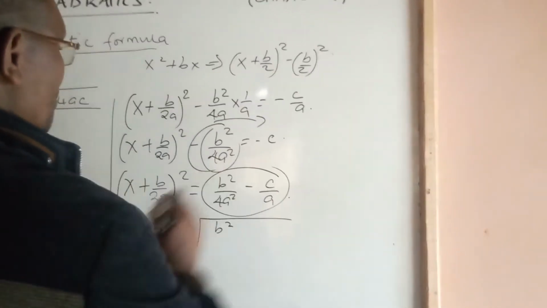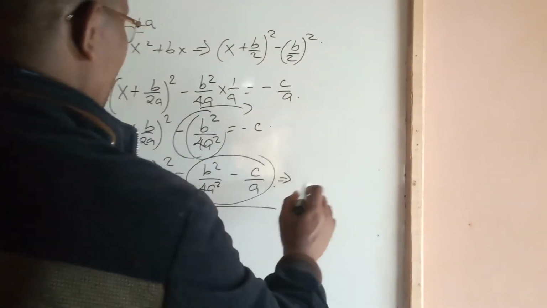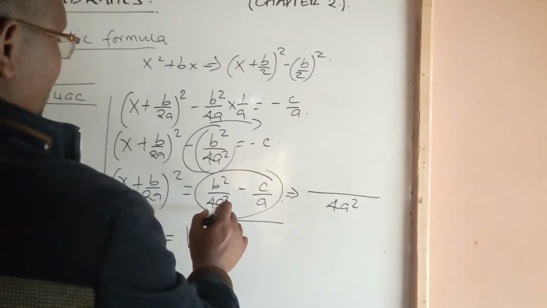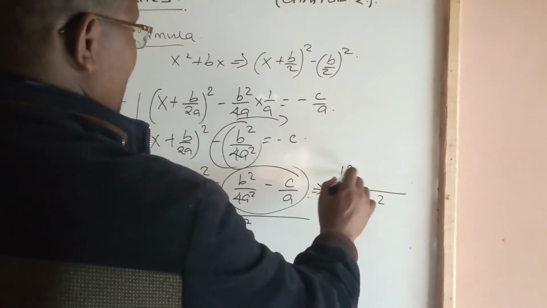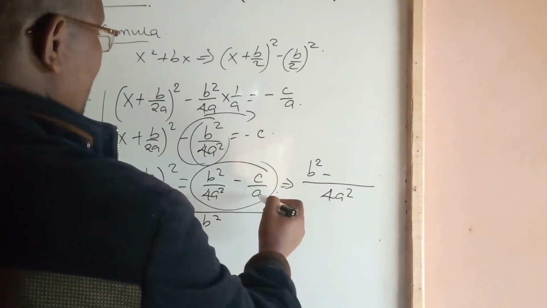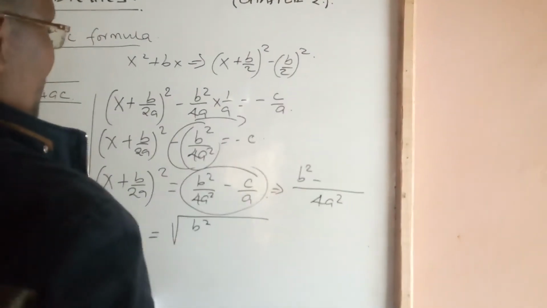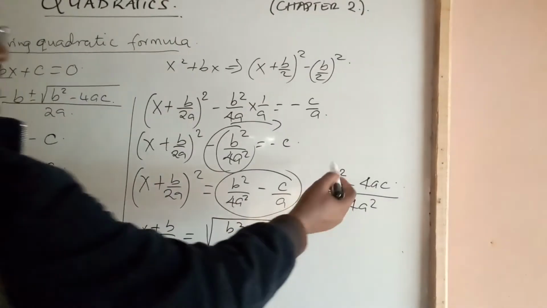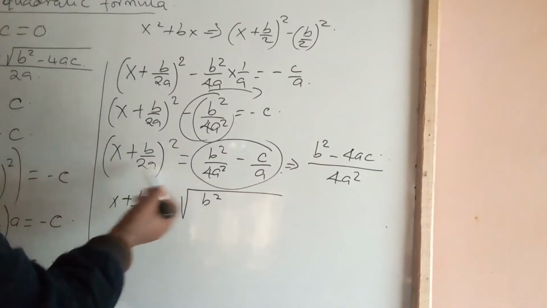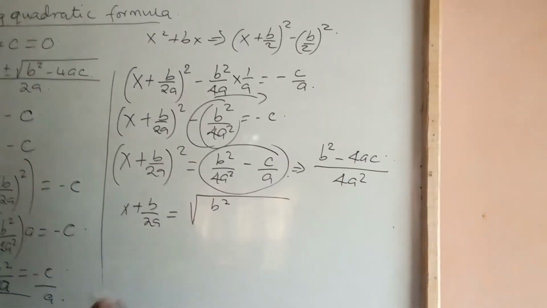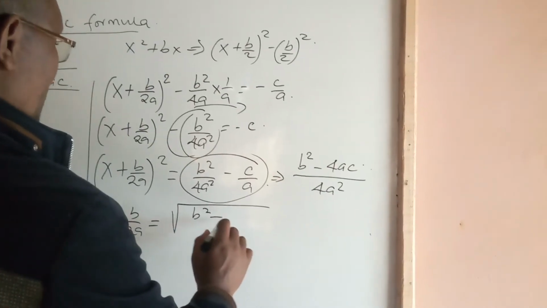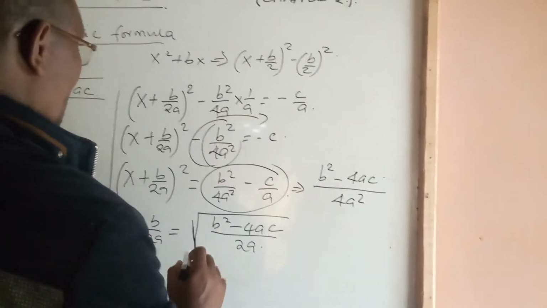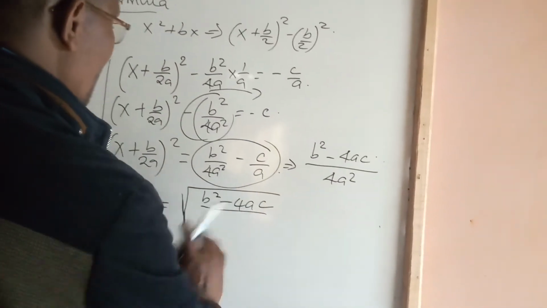Of course, you ought to have combined the two, which should have given you the LCM, 4a squared, divided by this denominator, getting 1 times b squared minus 4a squared divided by a, which gives you 4a times c, minus 4ac. So this is the part we are getting the square root of, so that we can balance the two sides. So b squared minus 4ac, everything over 2a, and the root over 4a squared, rather.